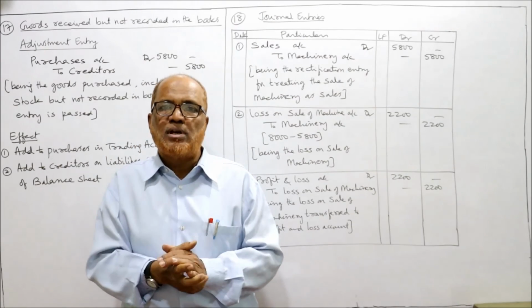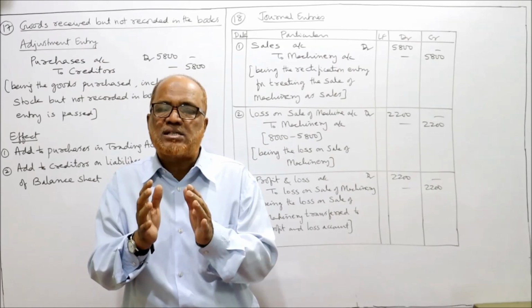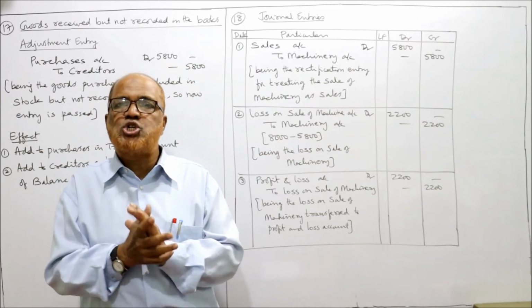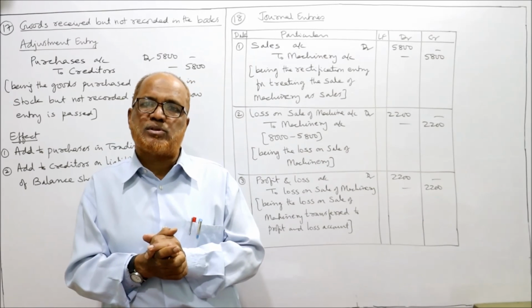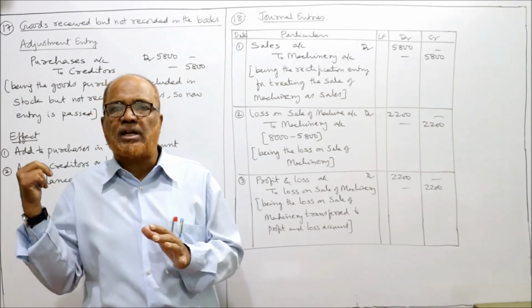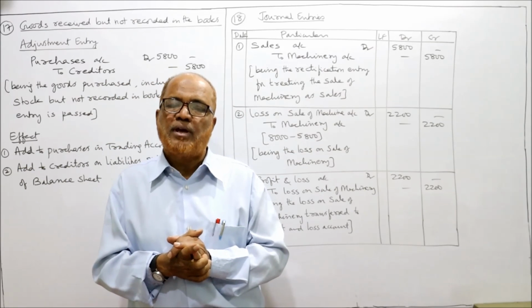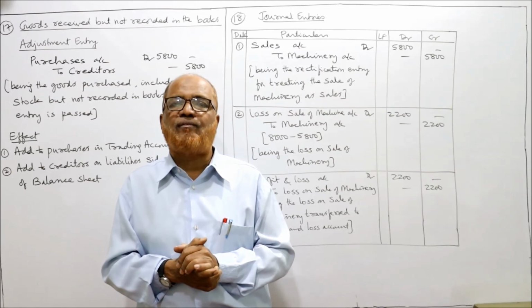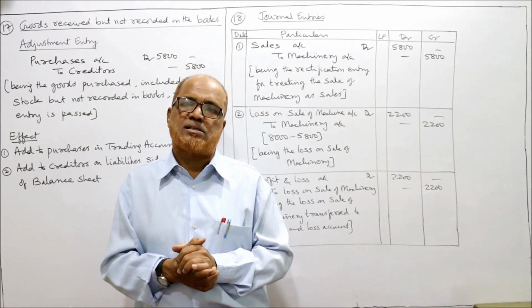In those problems, one of the peculiar adjustments that may arise are these. Hope you have understood the adjustments I have done in the 18 short problems. In the next video, I am going to start the main problems on final accounts of sole trading concerns.